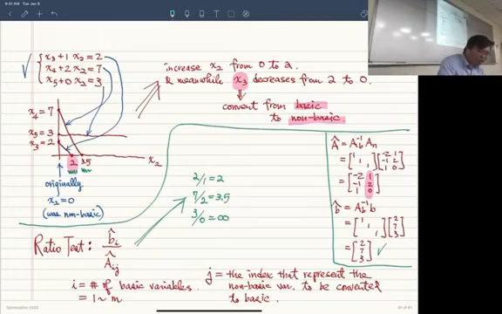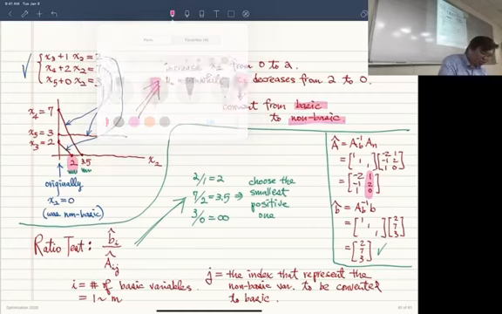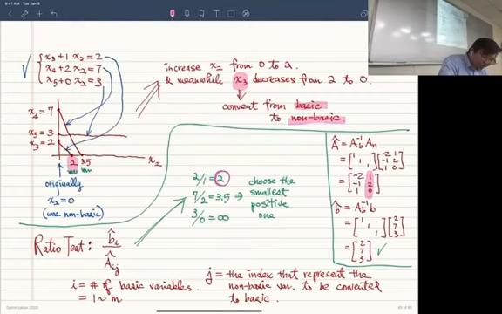And this time we need to choose the smallest positive one. So what would be the smallest positive one? So it should be this one. 2 is the smallest positive one. And when we choose this one, we need to study, okay, which one is this ratio test representing?